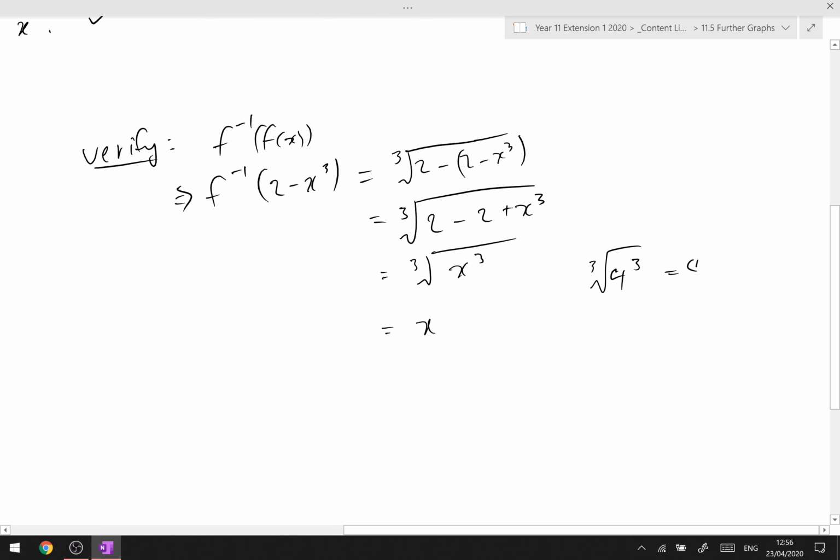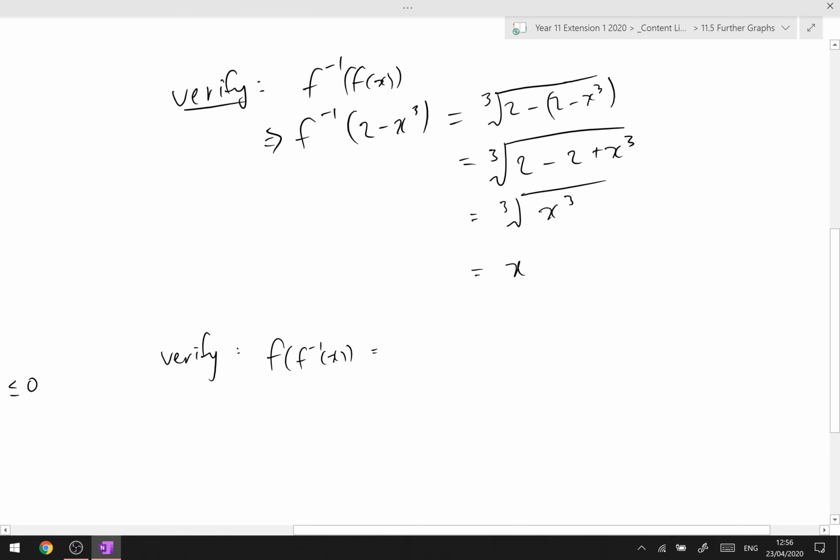So that one works. Then we're going to verify the other one. So we need to verify f of negative 1 of x. This one is the cube root of 2 minus x.